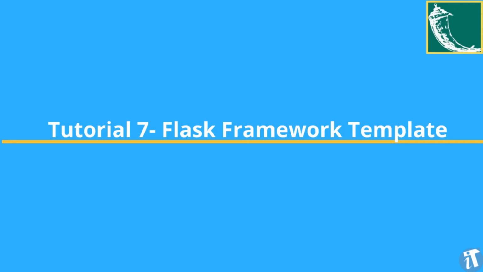In this video, we shall see what are the templates as far as the Flask application framework is concerned. So in this exercise, we shall see how to use the template in a Flask application.